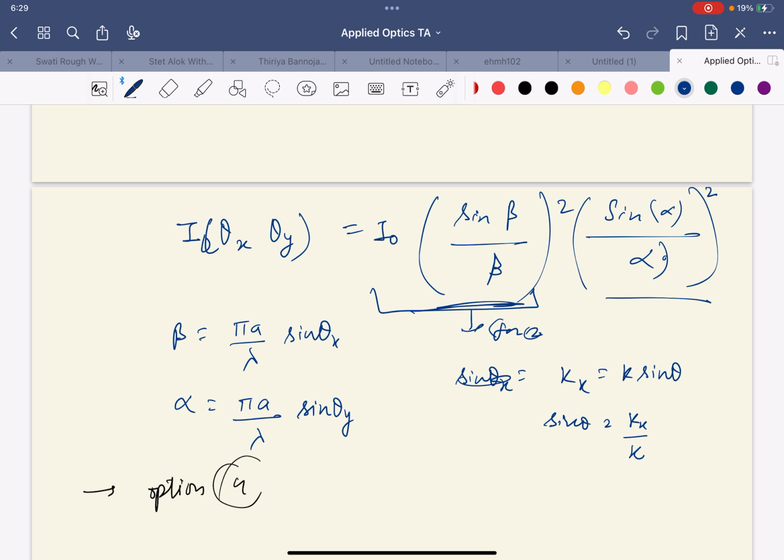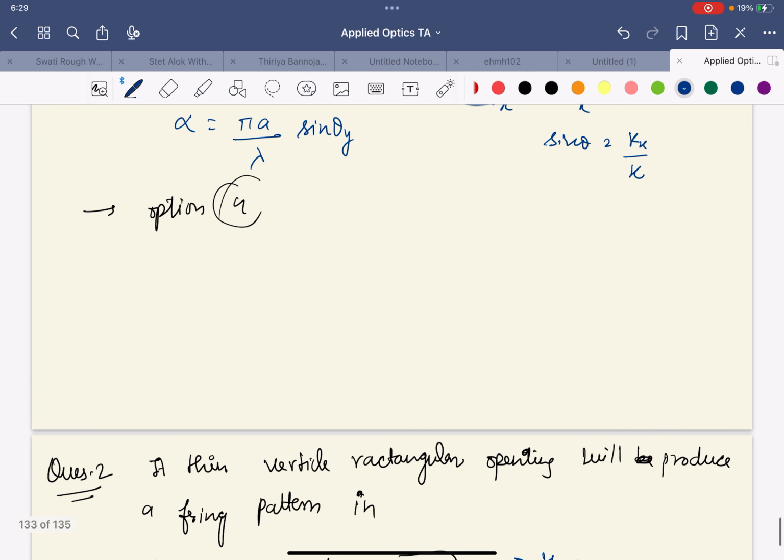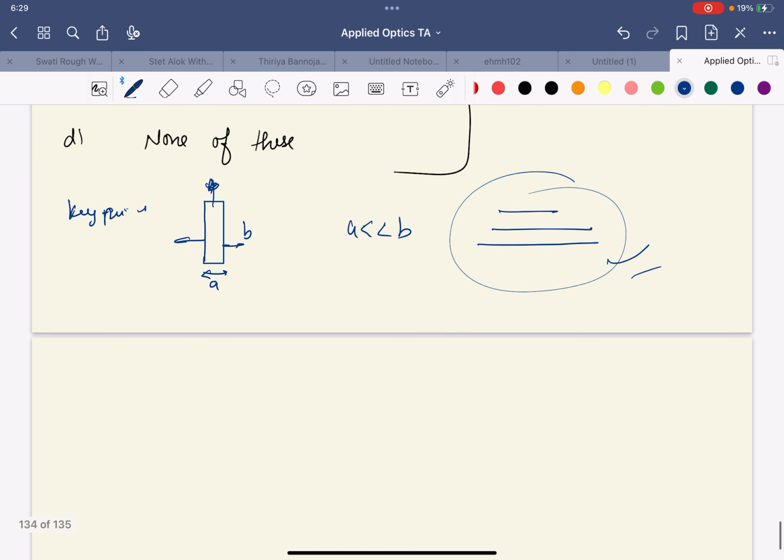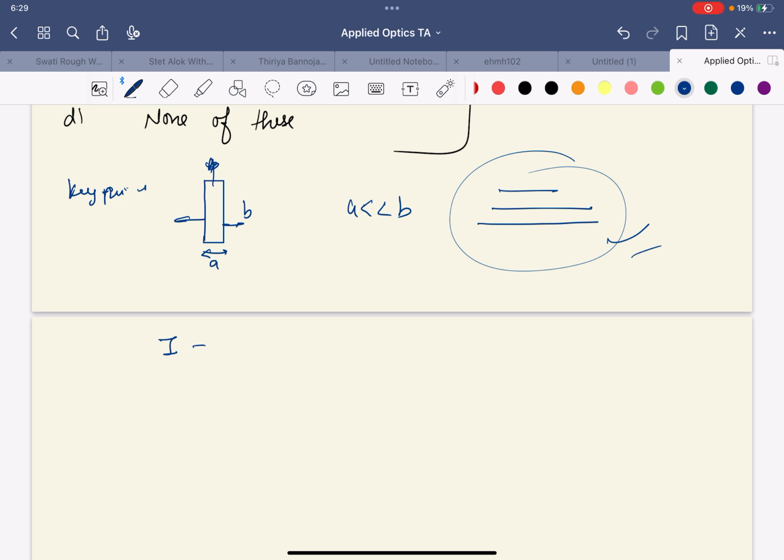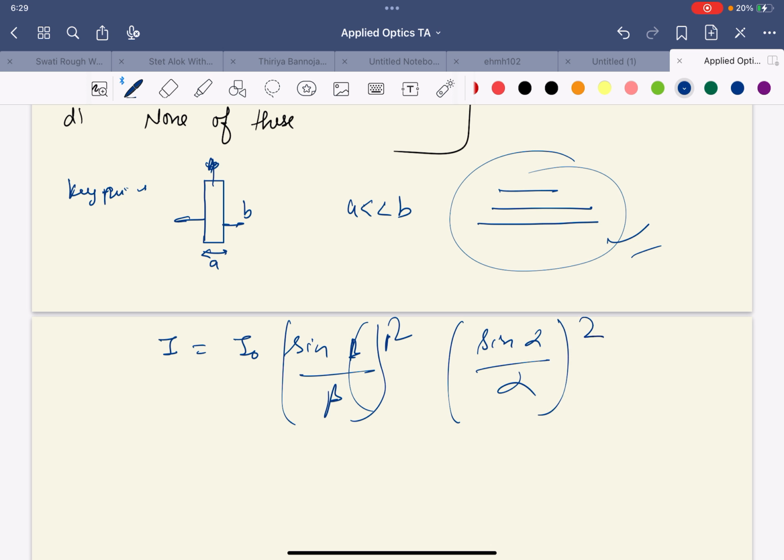So this is in the horizontal direction. For example, I0 sine beta upon beta whole squared and sine alpha upon alpha whole squared.